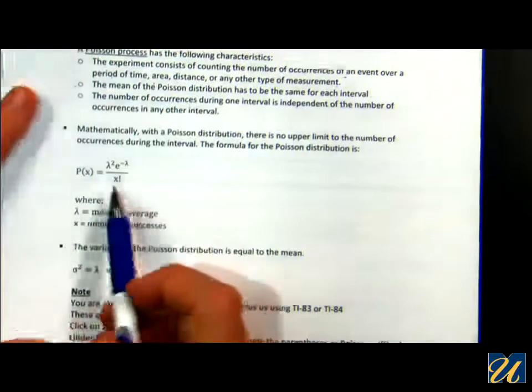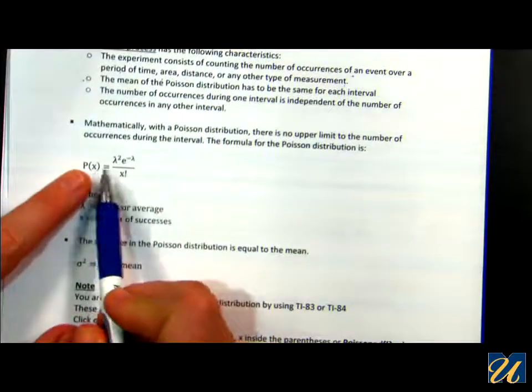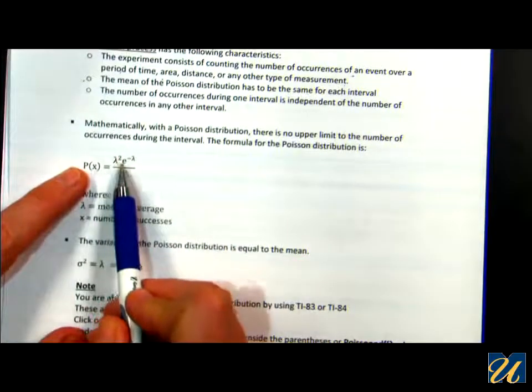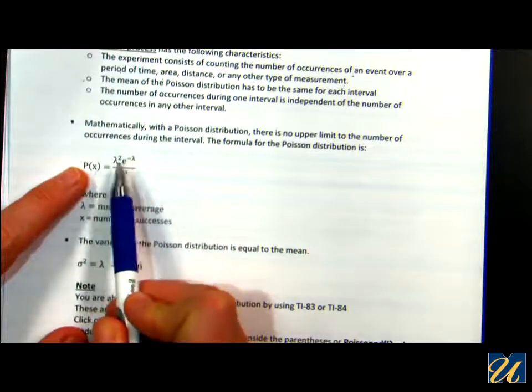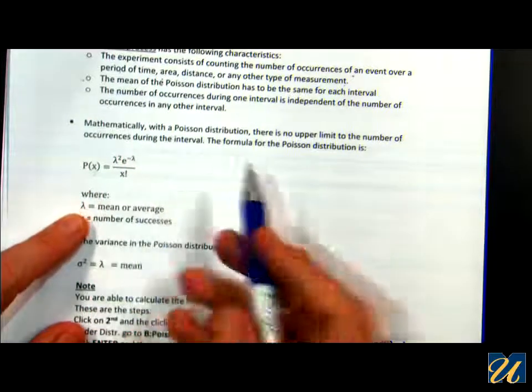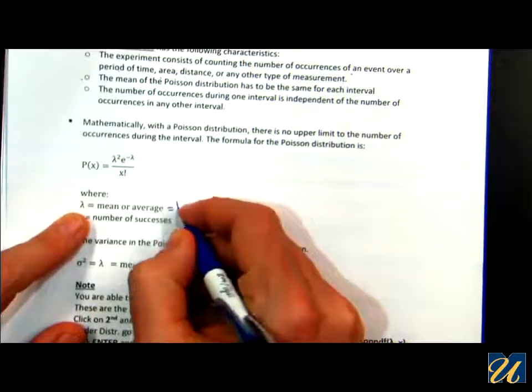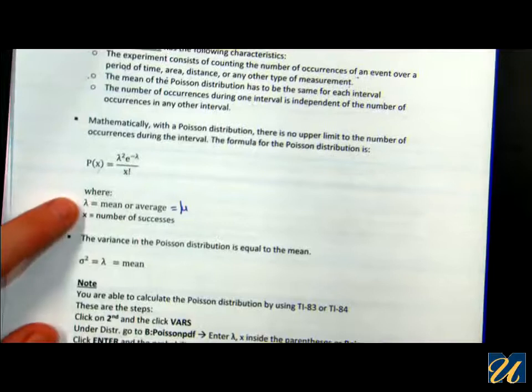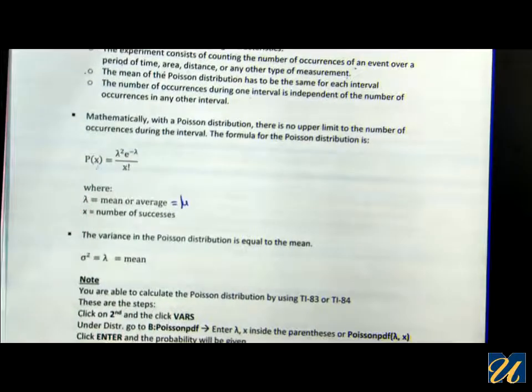So the probability of x for a Poisson distribution will be lambda to the power x times e to the negative power of lambda, over x factorial. Lambda is the mean or average. So you can have lambda or mu sometimes. We will be using lambda. Lambda is a lowercase l in the Greek alphabet, and it's the average for Poisson distribution.